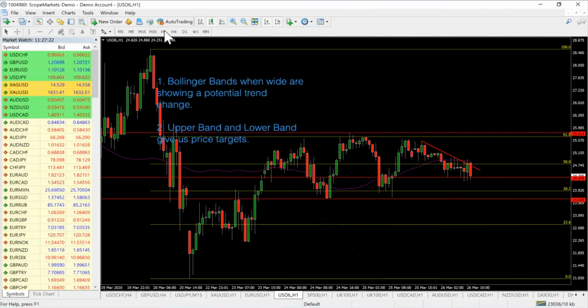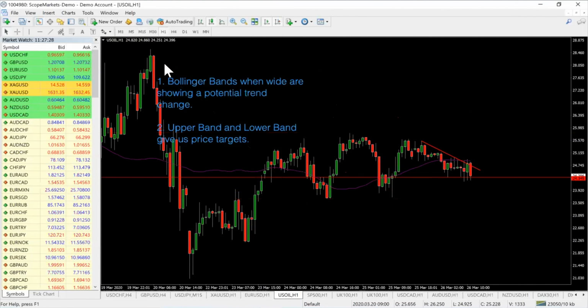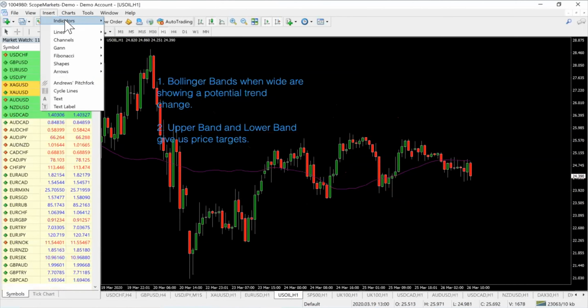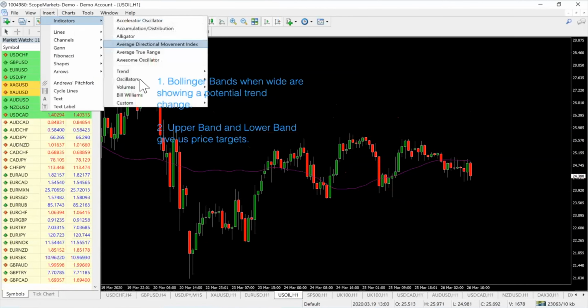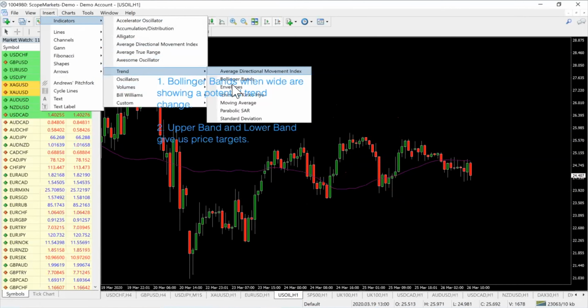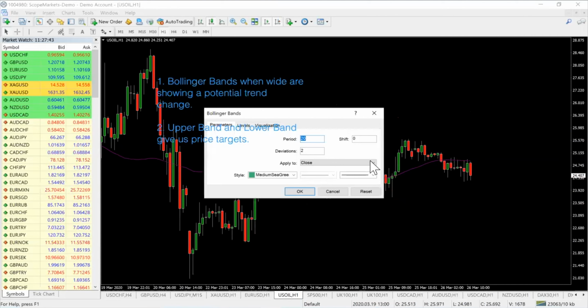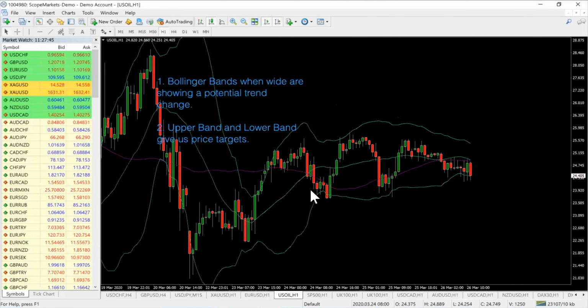I could take this to an hourly chart. This will be perfect. Let me just delete some of these. You have this market here. So let's look. Insert, indicators, Bollinger Bands. There we go. Perfect situation.